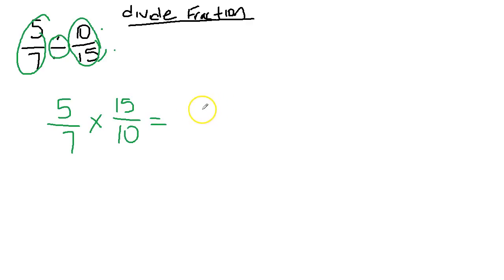Alright? Now what's going to happen here is 5 goes into 5 one time, and 5 goes into 10 2 times, right? So 1 times 15 is 15, and 7 times 2 is 14.